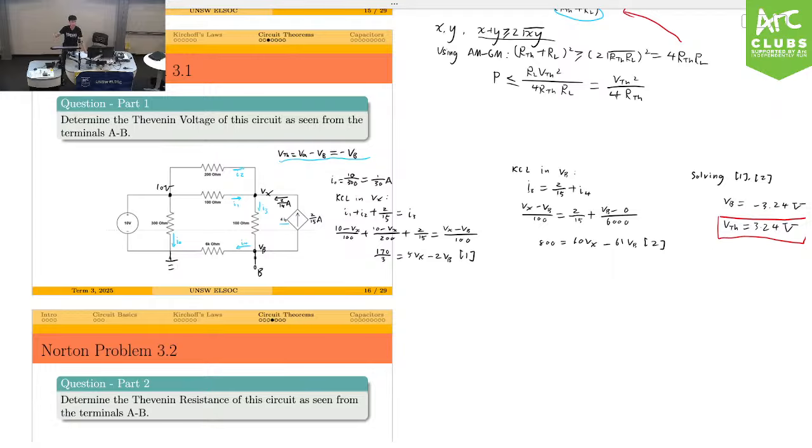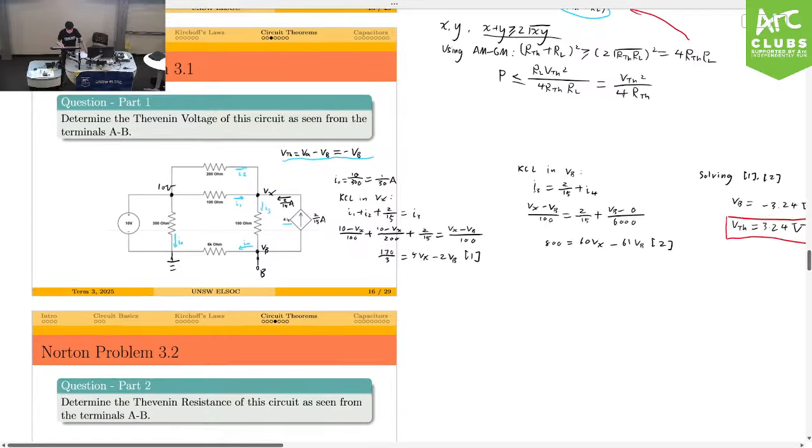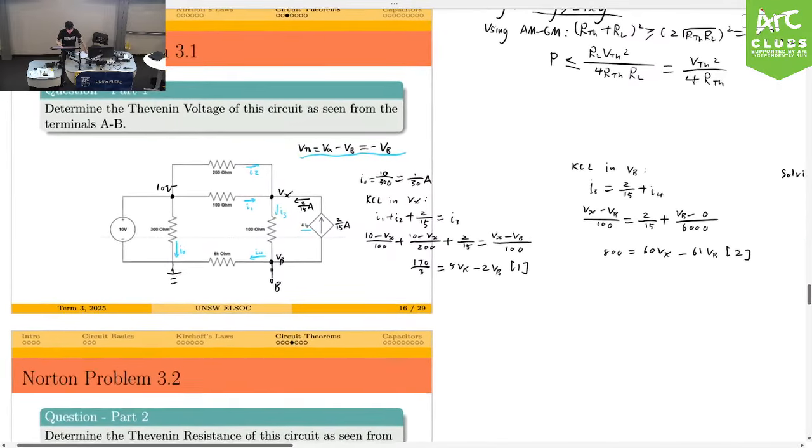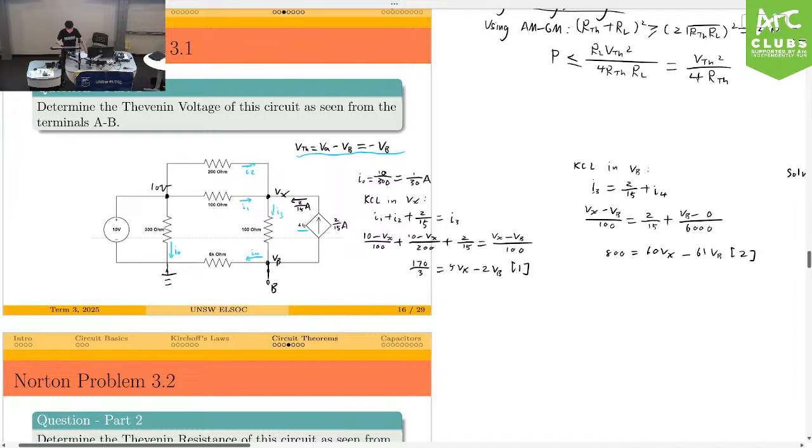Are there any questions regarding anything I have done here? Yes? I've learned before, when finding Thevenin voltage, that you can treat the load resistor as an open circuit and solve that way. Is that true or not? So for example, the 6K ohm, which is the load in this example, right? You treat it as an open circuit.